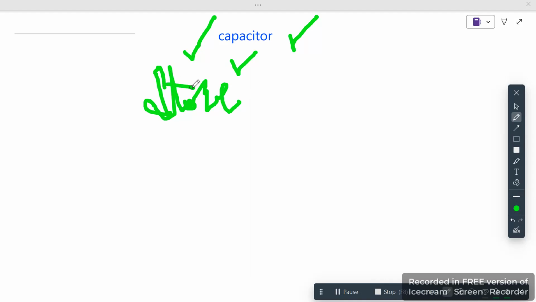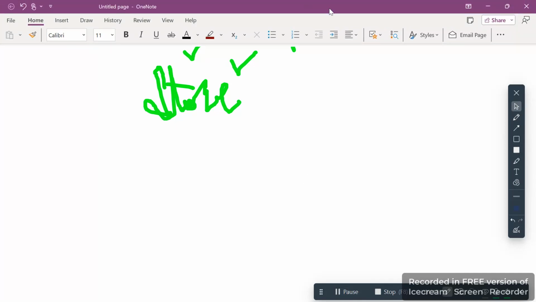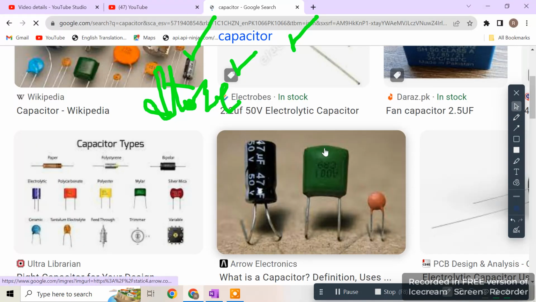If we have a capacitor, let me take a picture. I've just taken a picture of the capacitor.